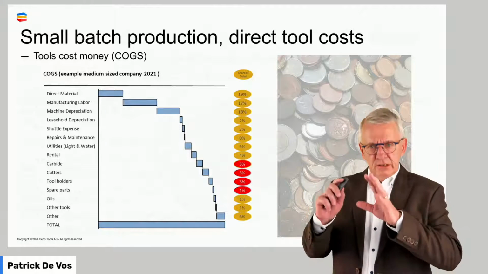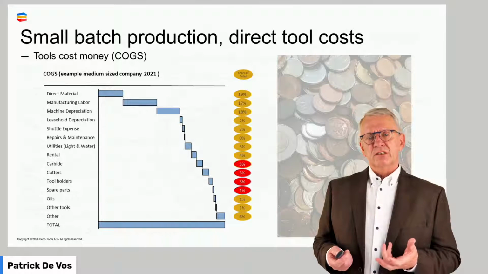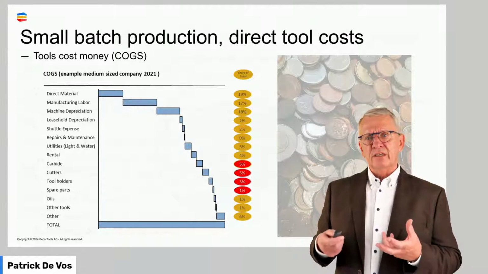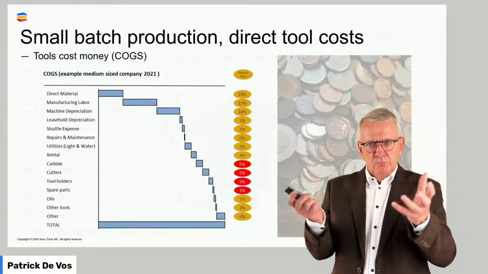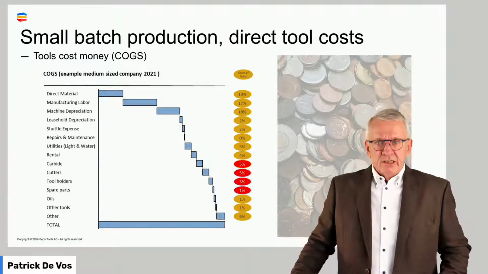It's not a rule, it's just an example. But in this example, what we found out is that tools cost 4 or 5 times more in the total cost picture of the company than what everybody thought.